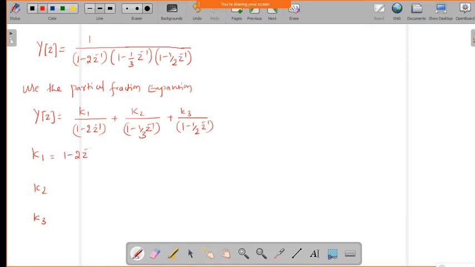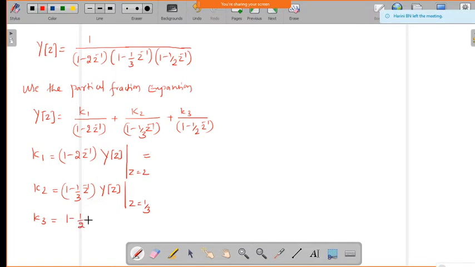(1 minus 2 z inverse) into Y(z) at z equal to 2. What is the value of k1? And k3, it is nothing but (1 minus 1 by 2 z inverse) into Y(z) at z equal to 1 by 2.